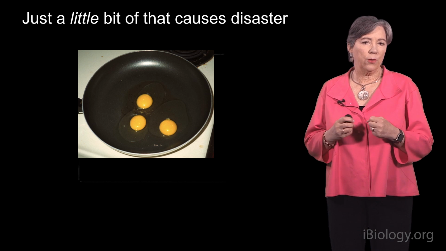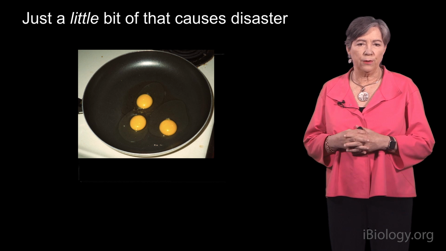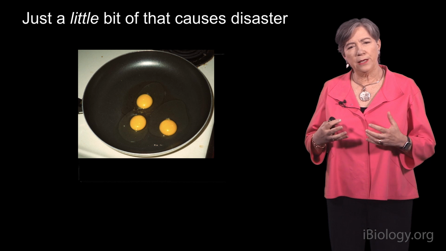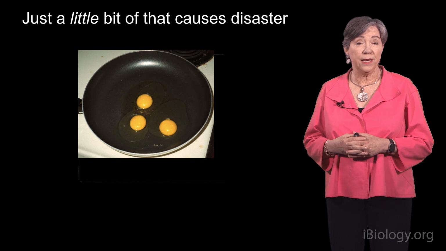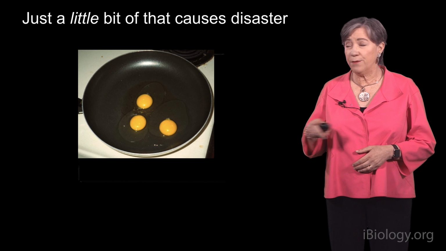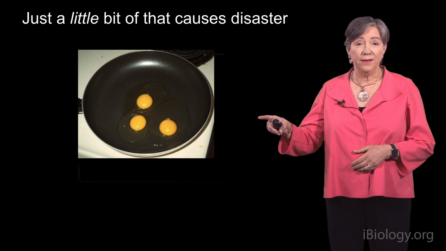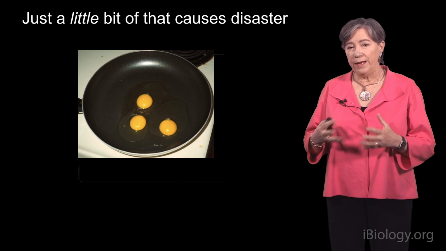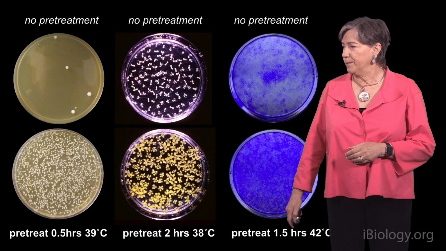And if it doesn't get corrected, it can spell absolute disaster for living systems. And so cells use a tremendous amount of energy and lots of different proteins to actually try to keep the state of their proteins like this, clear, beautiful fluid, and to prevent that kind of protein aggregation.